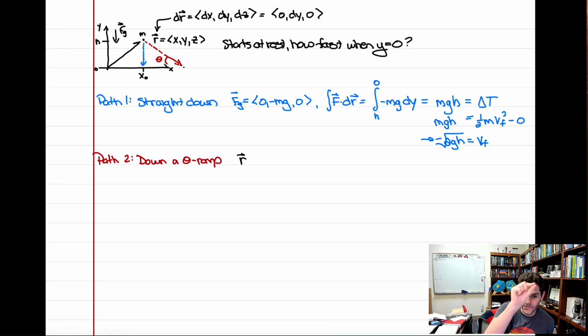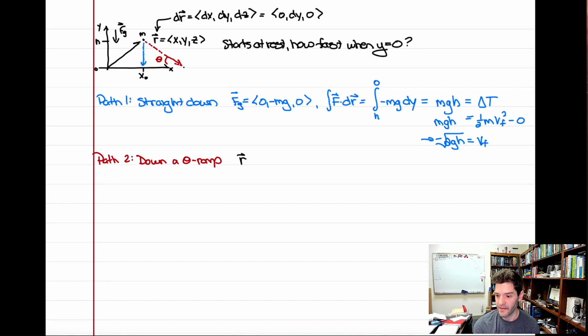As long as it's a straight line that starts at x naught, comma, h and goes down to the base along a 30-degree ramp, no matter how you come up with the way it does that, it could go super slow and then very fast, or it can kind of zigzag its way down. It does not matter. As long as it draws out the same path, the line integral is independent of the parameterization that you use. So you just have to come up with any way of writing down a parameterization that takes you from x naught, h down to the base.